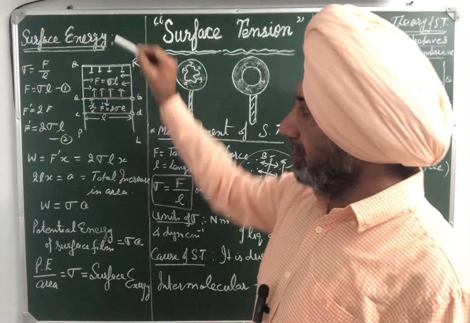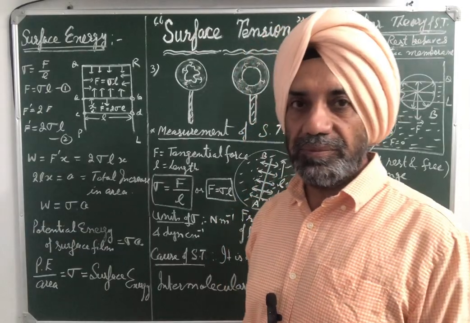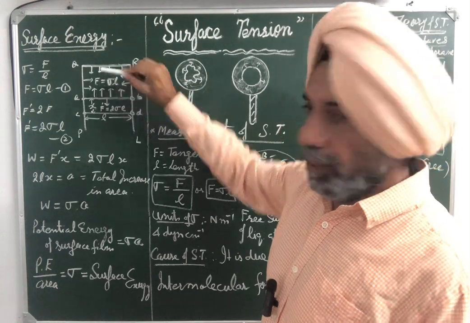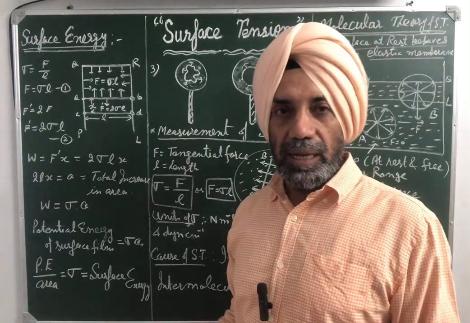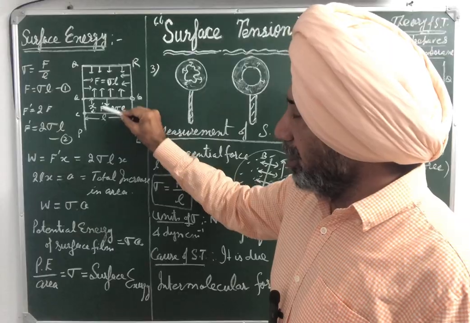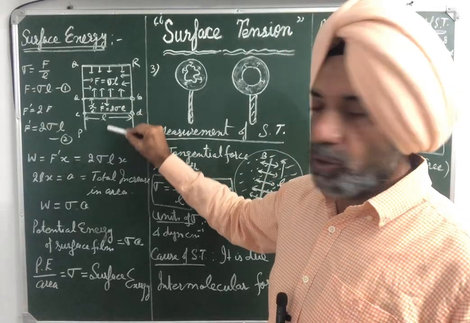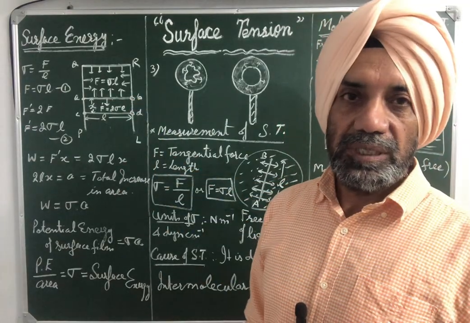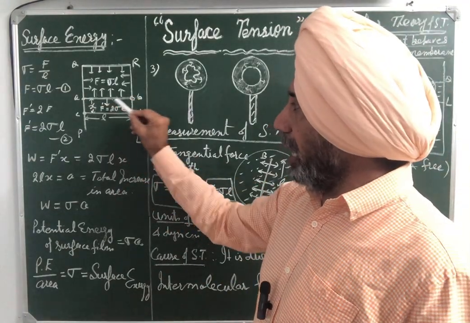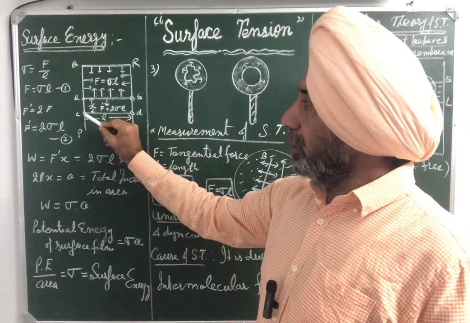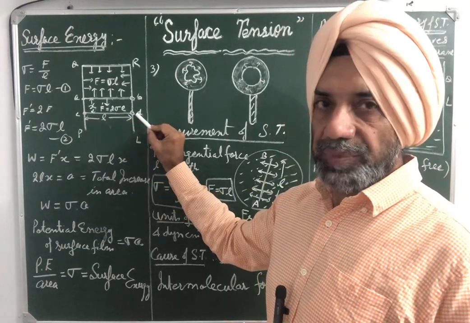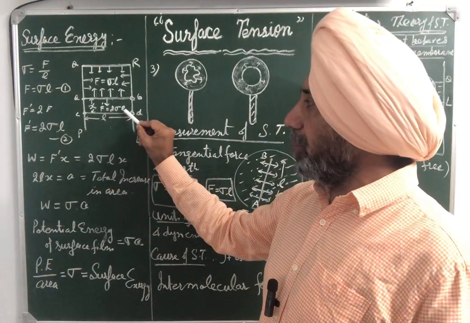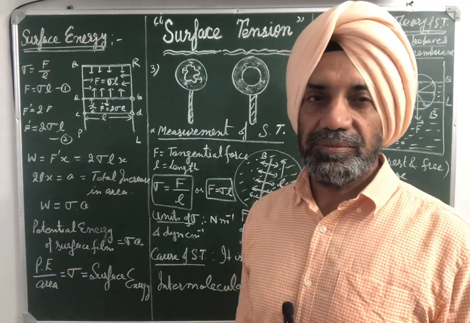Now, since there are two free surfaces, sigma L on the upper side and sigma L on the lower side, it means that to move this movable arm AB through a certain distance, double force is needed. So the force required to move the movable arm from AB to CD, through distance x, is F dash equal to 2 sigma L.